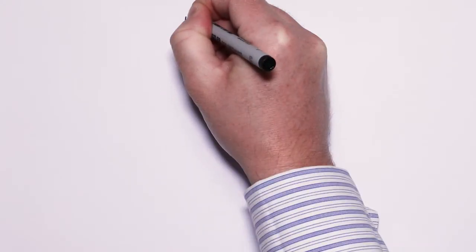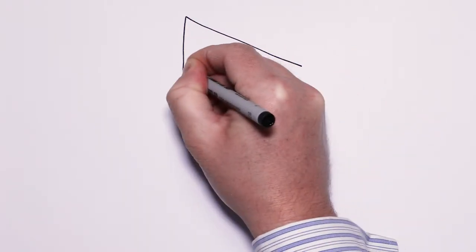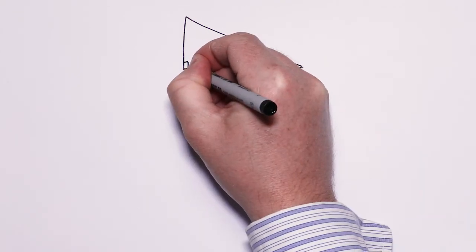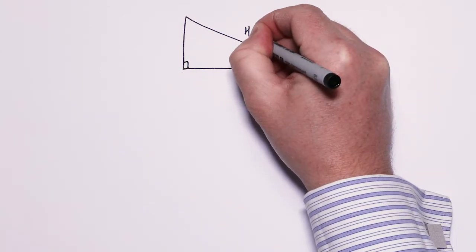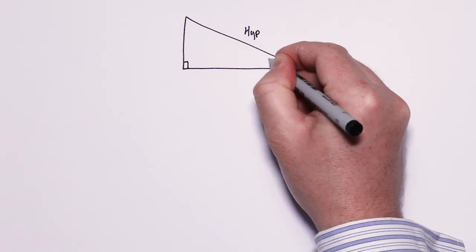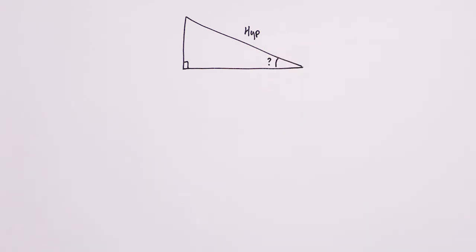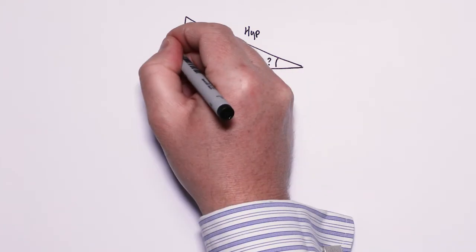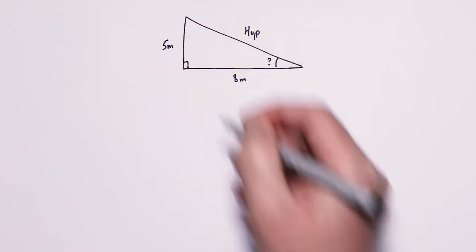Here's an example. Here is a right-angled triangle. There's the right angle. We know that the longest side is always the hypotenuse, and we want to find out what this angle is here, knowing that this side is 8 meters long and this side is 5 meters long.